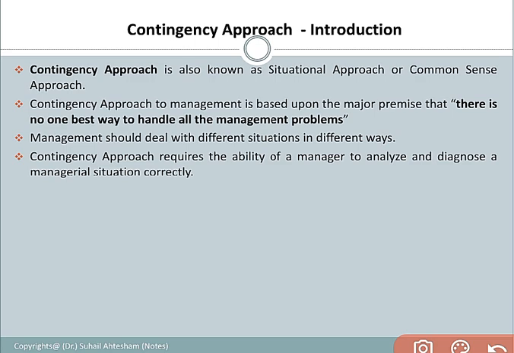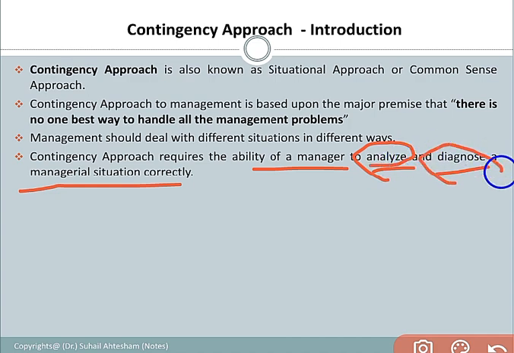Contingency approach requires the ability of a manager to analyze and diagnose a managerial situation correctly, right? So it is the efficiency and ability of the manager in any formal organization to analyze and diagnose the organization, the concerned department, right? For every different department, there are specialized managers who are responsible for doing the work in their specialized area, right?